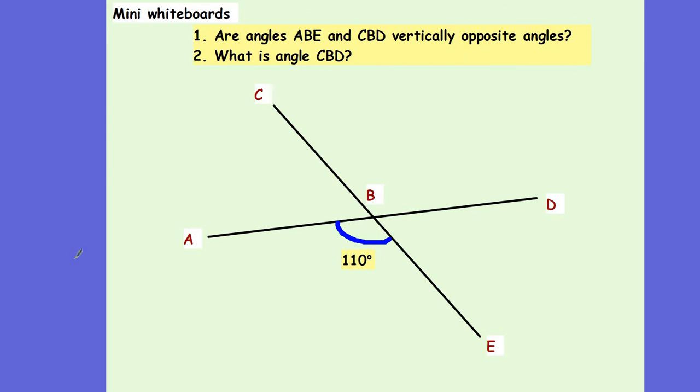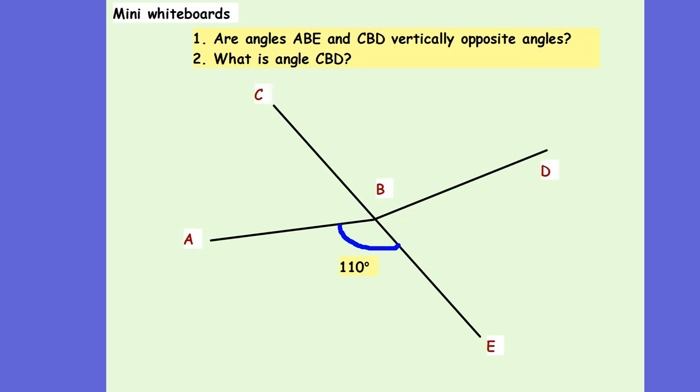Number 2, are angles ABE, this angle here, and CBD, this angle here, vertically opposite? And question number 2, what is angle CBD? What is the purple angle? Yes, they are vertically opposite, therefore that angle is exactly the same, it's 110 degrees.